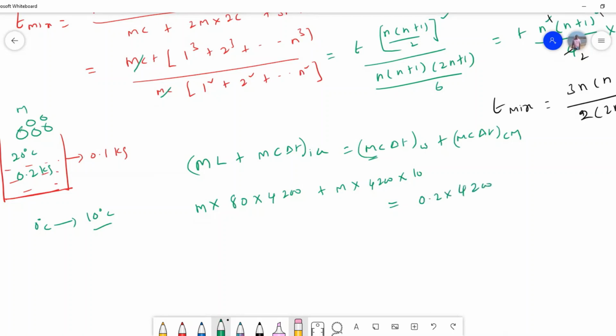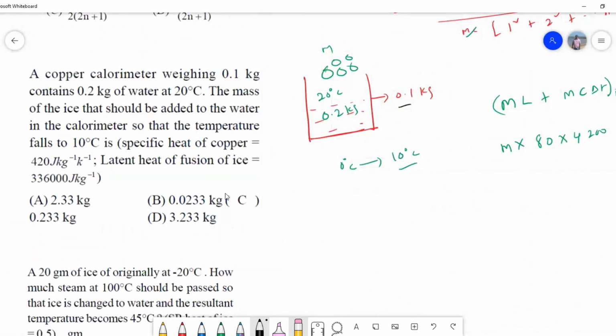Specific heat of water, see, don't get confused. This water is from the ice, melted ice. This water is from the calorimeter. Into again change of temperature, for it is also 10, plus the mass of calorimeter is given 0.1 and the specific heat of calorimeter is given as 420 joule per kg.